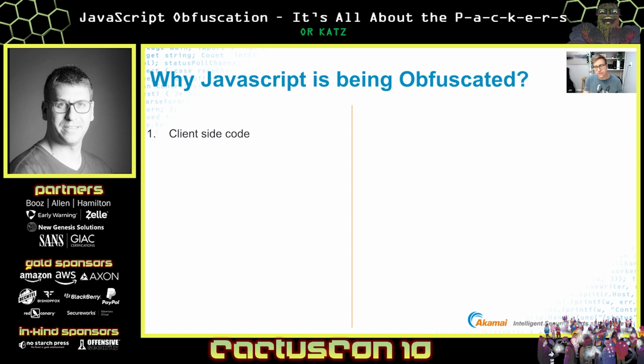If someone wants to make sure that the code that runs on our browser is not well understood, that it's really hard to understand or debug, that's the reason why they do obfuscation. And as I mentioned before, it's not impossible to deobfuscate code. So it's security by obscurity. It makes our ability to understand the code that runs on our browser much harder. So that's the incentive for someone to use that.